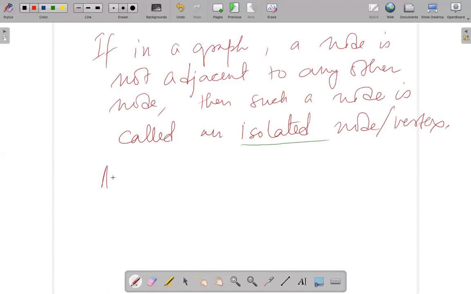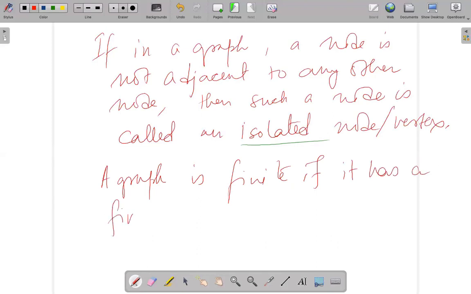So a graph further is finite if it has a finite number of nodes and edges.